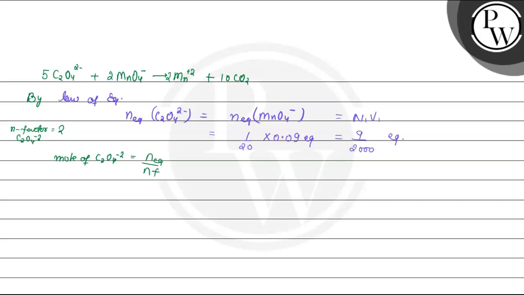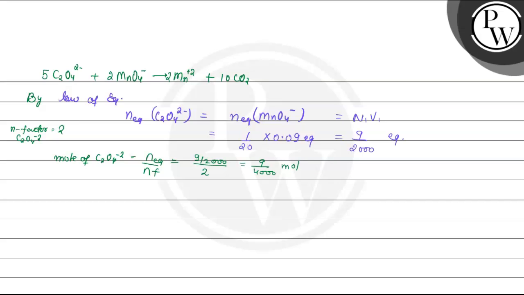The equivalents are 9 by 2000, upon n factor 2, so we have 9 by 4000 mole of C2O4 2-.